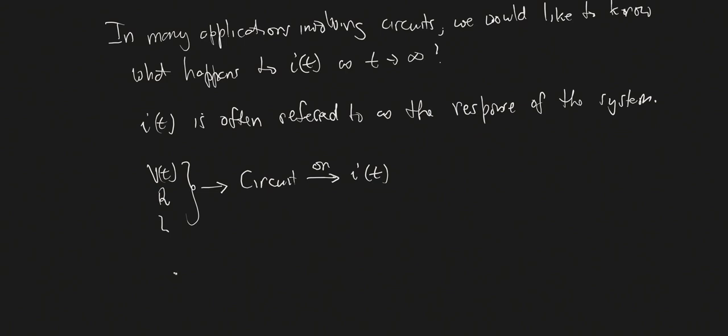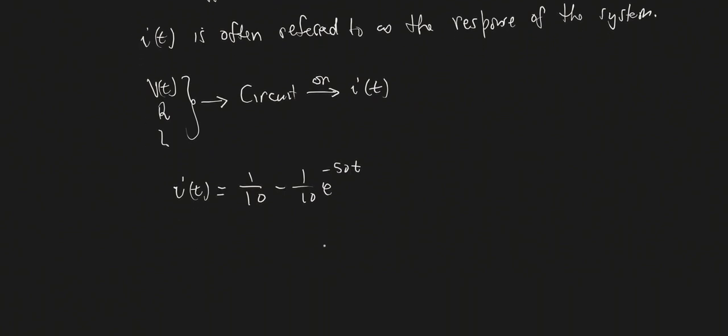So in this example, here was our response. It was this function, with e to the negative 50t. This response has two terms: a constant term, and this exponential term.